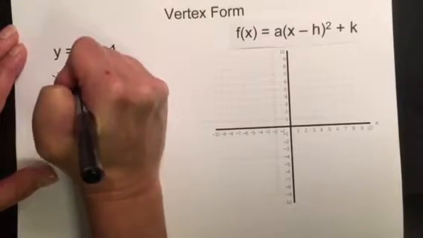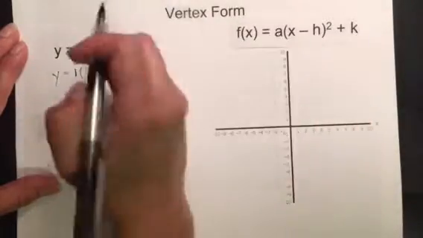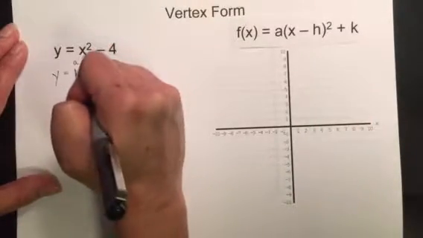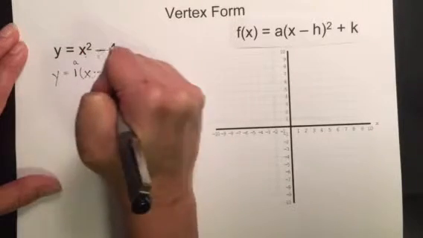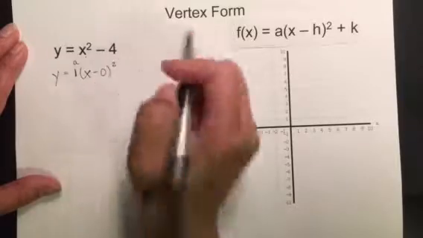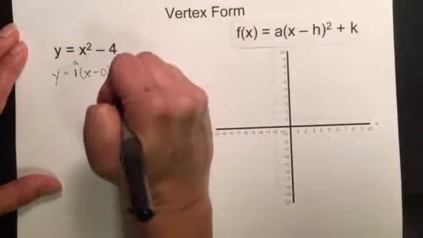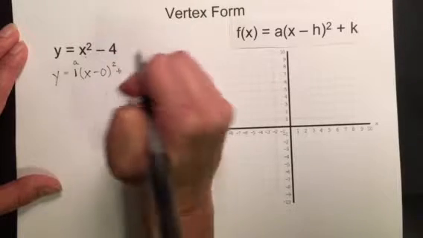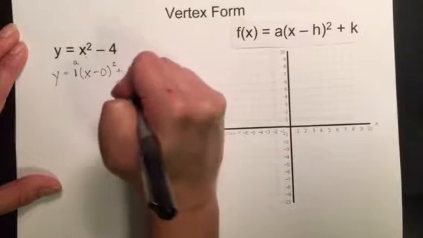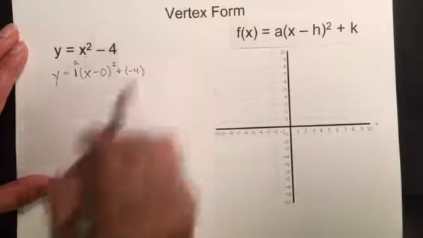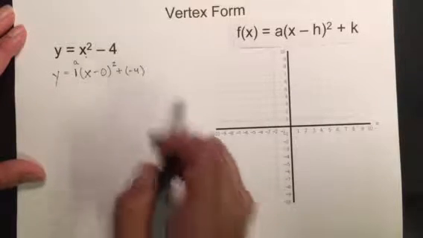So my a is 1 in this case. There isn't an h, not written anyway, which means it's 0. So x minus 0 squared. And then at the end, we have our k term, and it has to be written as plus k. So I'm going to write plus -4.